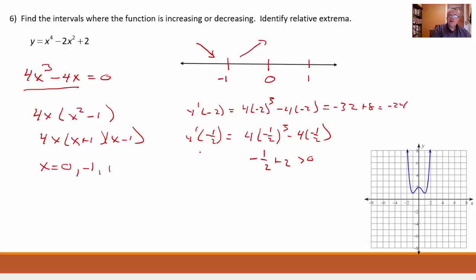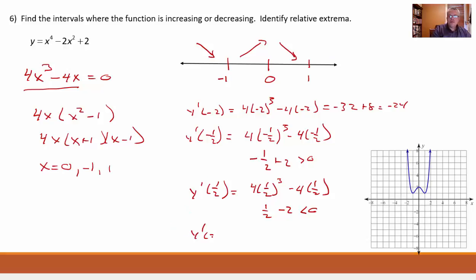Okay, we got 2 more intervals to check. Let's put in 1/2. Y prime at 1/2 is 4 times 1/2 cubed minus 4 times 1/2. This is equal to 1/2, and this would be minus 2, which is less than 0. Function's decreasing there.